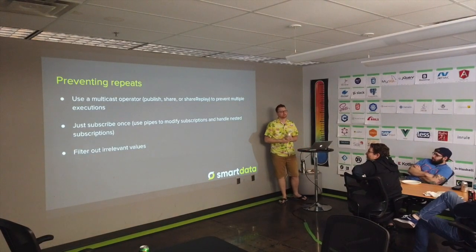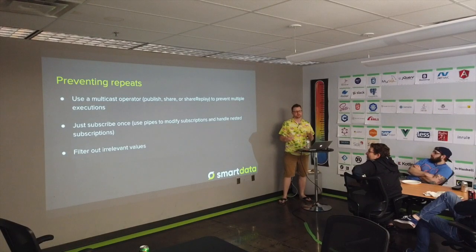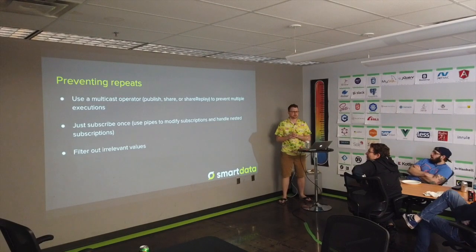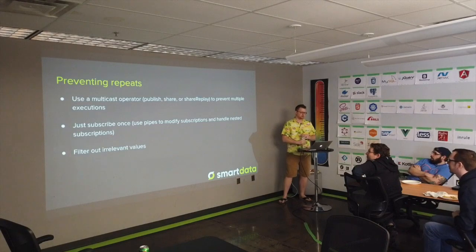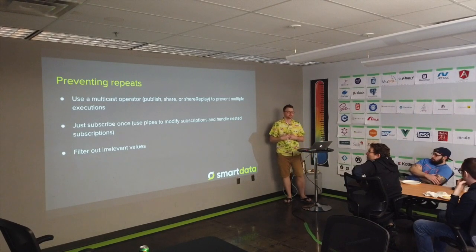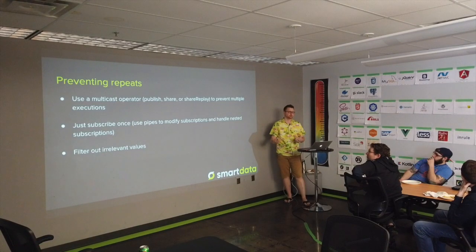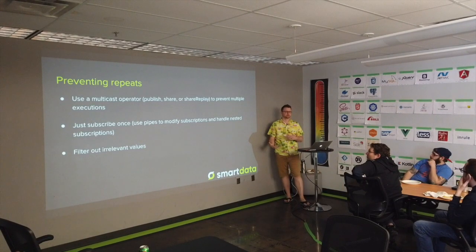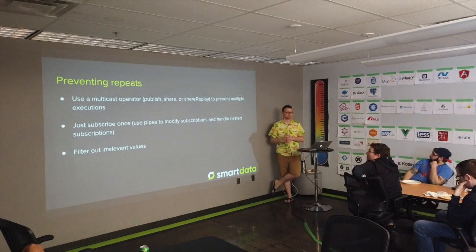There are a couple of ways. I've noticed this happens pretty commonly if you're maybe not paying attention to what's going on. One of the main things is, if you have multiple subscriptions happening, use a multicast operator so those only fire once, if that's unintended.